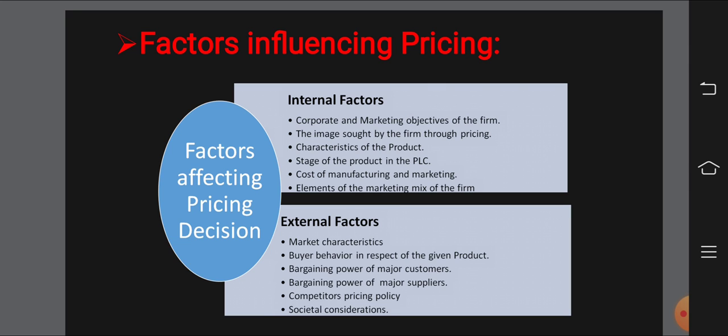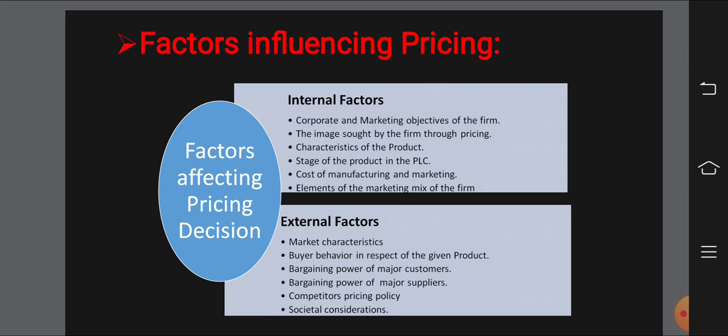If suppose any organization is launching a particular product by considering the lower or middle income group segment, then that particular organization has to keep the price of that particular product in the affordable range of that income group people. Like that, depending on the market characteristics or market nature, the price of that particular product can be changed by the organization.